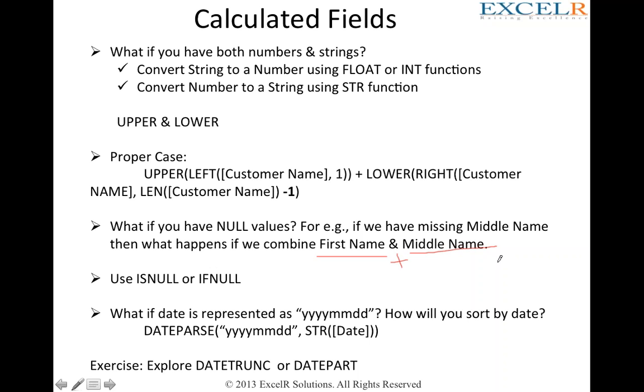What do you think will be the end result? Say middle name is missing for a customer. In that scenario, what will be the end result?